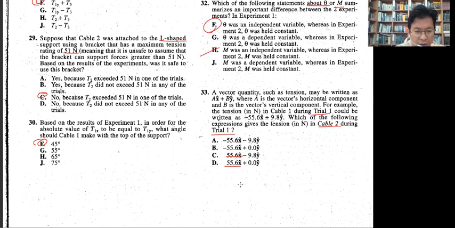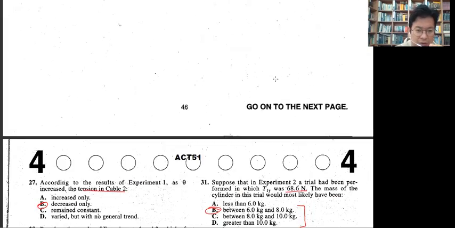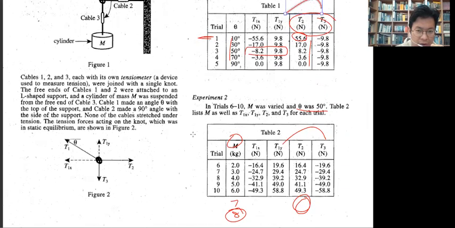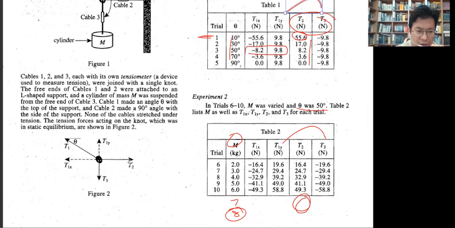Okay, wait, 0. 0 is tension 3. Let me just read this to figure it out. T2 is, yeah, going in this direction. That's good. And T3 is, this is gravity basically.